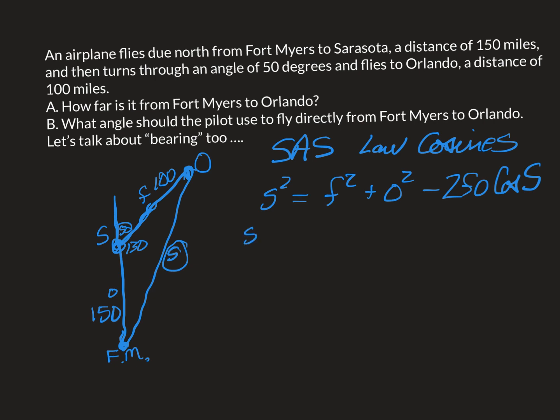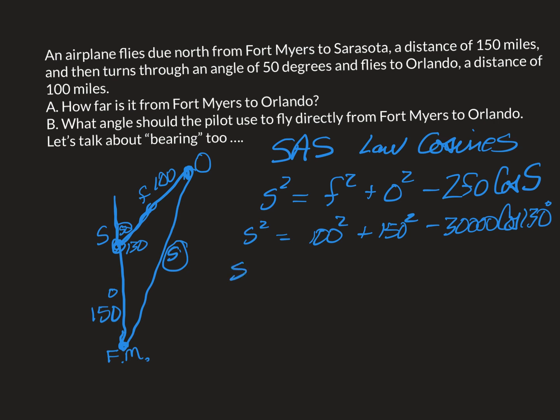So S squared equals F squared, which is 100 squared, plus O squared, which is 150 squared, minus 2FO. So 100 times 150 is 15,000, and if you double that, you get 30,000. And then cosine of 130 degrees. Okay?